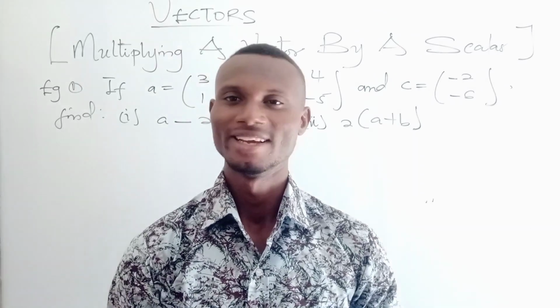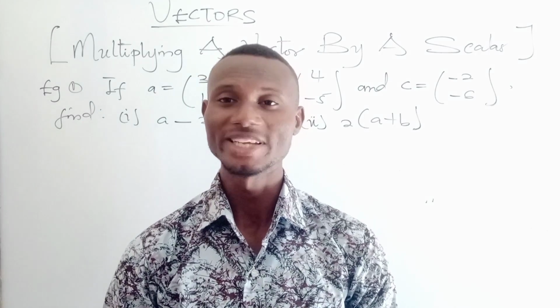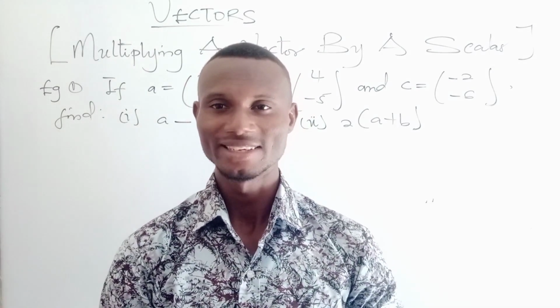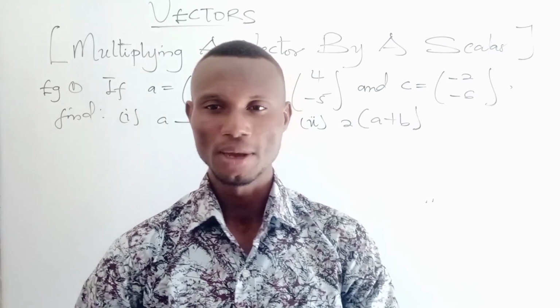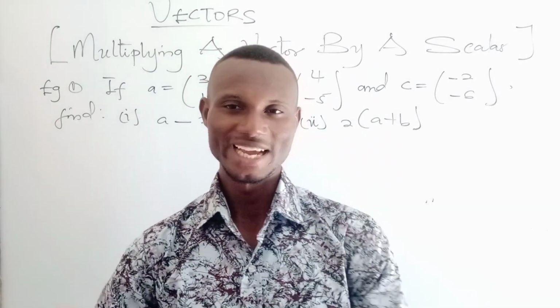Unlike the vector, where we define a vector as any quantity which has both magnitude and direction, a scalar is any quantity which has only magnitude. So that's the difference between a vector and a scalar.